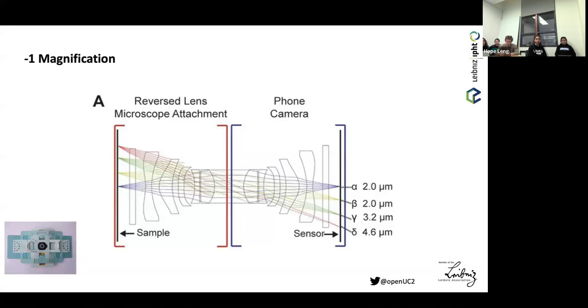The subtle thing to understand here is that the reverse lens is literally the mirror of the lens that's already on your phone. And because they are being manufactured at large scale, if you just take two optical components and flip them around, you naturally get a microscope.